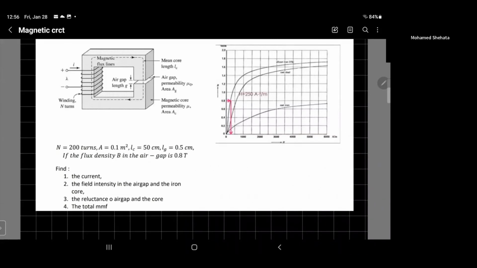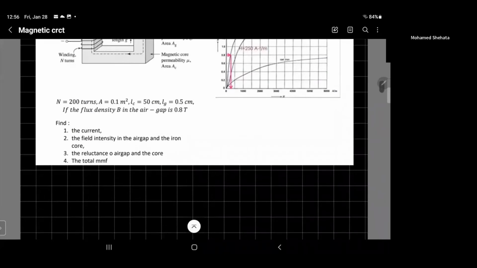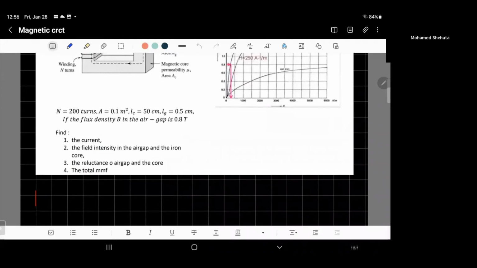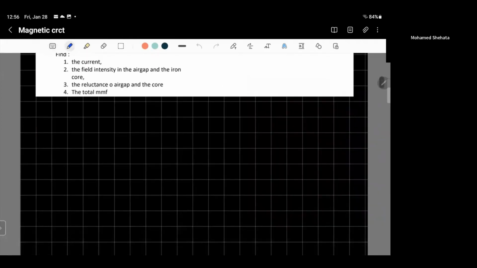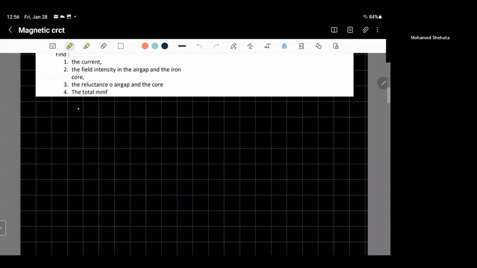That will produce this magnetic flux density equal to 0.8 Tesla. So we need to find the current. That's the first question. I. So I need you to tell me how we find the current.